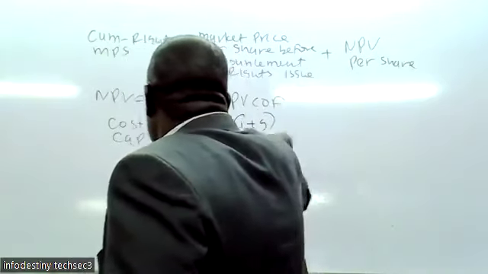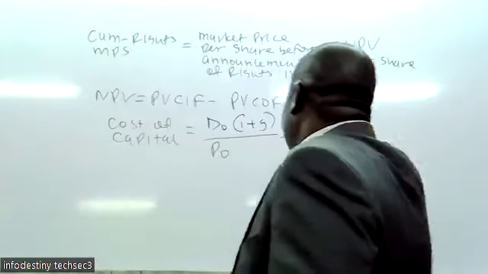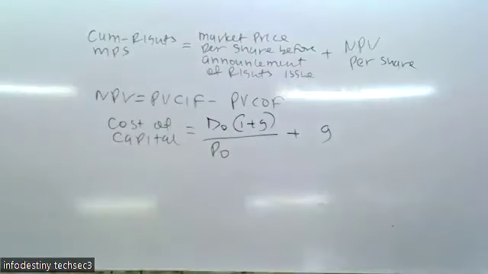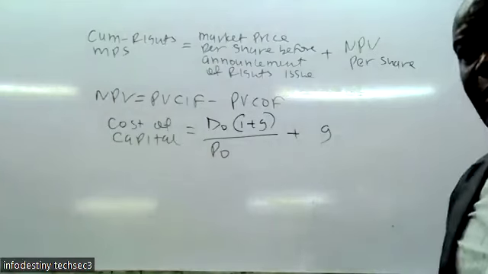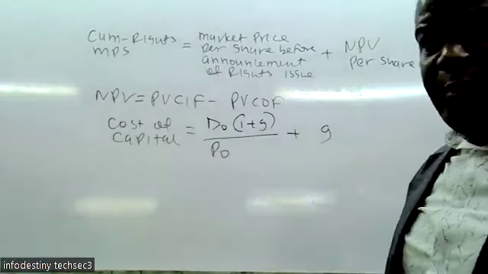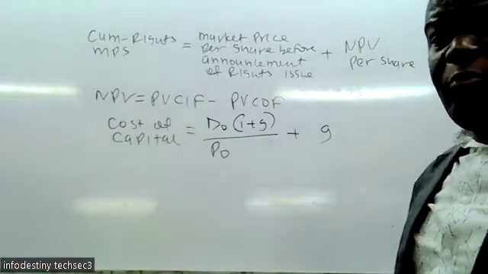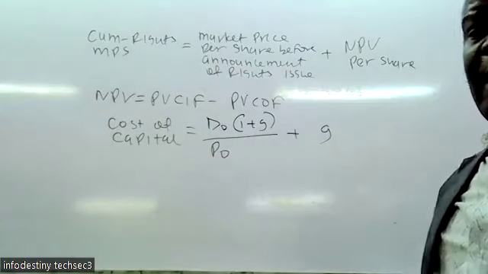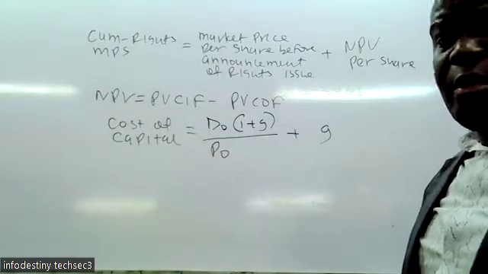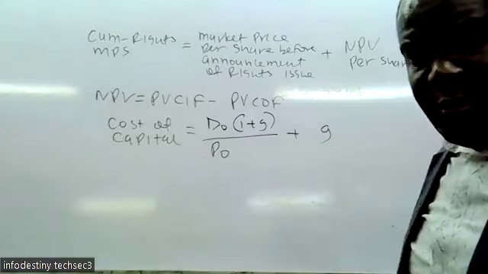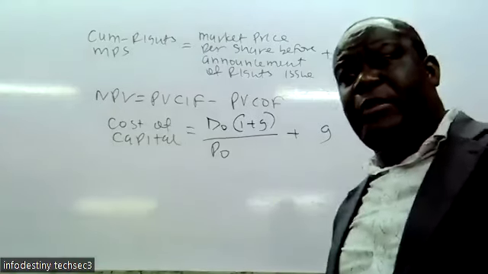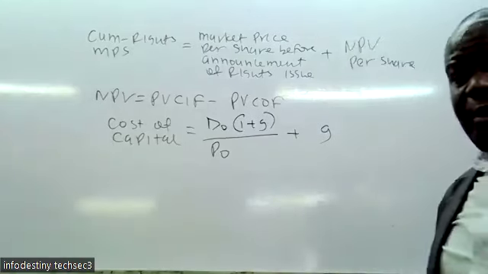We divide by the current market price. Then we add the constant growth rate. Cost of capital is a topic on its own, which we shall be discussing.